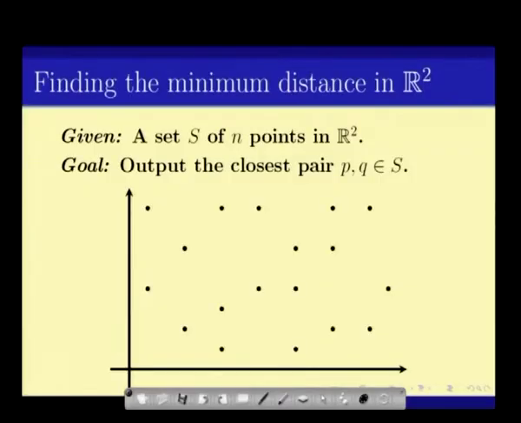So, this is the setting, and how can we go about it? We can view our input like this: we have been given the set S and we have to find the closest point pair p q. Here I have chosen some randomly selected set of points and we want to find the closest pair. Clearly, it is not obvious at all, so you need to have some very interesting algorithms.